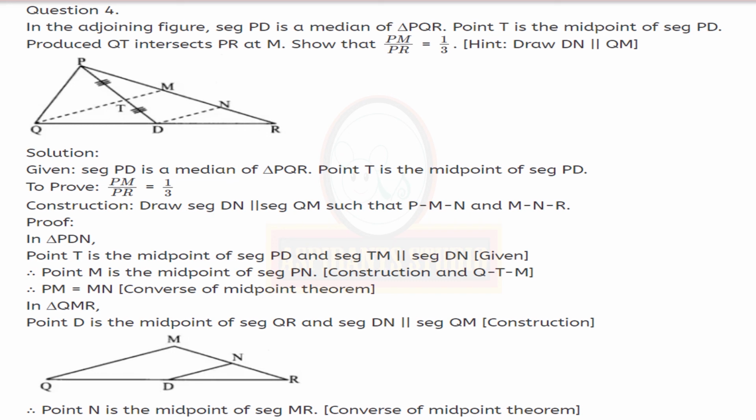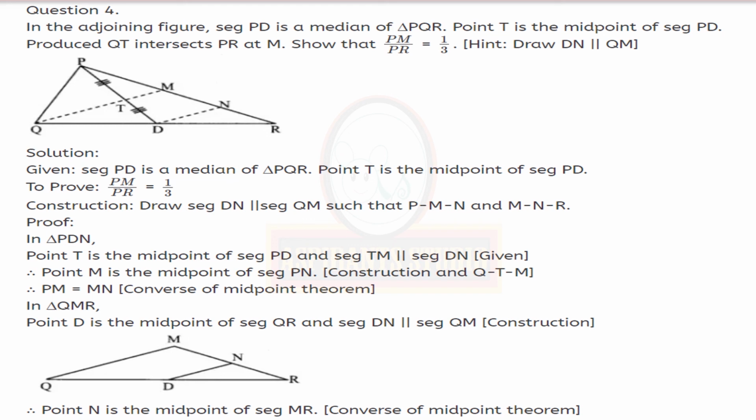In triangle QMR, point D is the midpoint of segment QR and segment DN is parallel to segment QM according to the construction. So if I take a part of the figure from there, you will get such a diagram. So from here, you see in this triangle QMR, point N is the midpoint of segment MR by the converse of midpoint theorem.